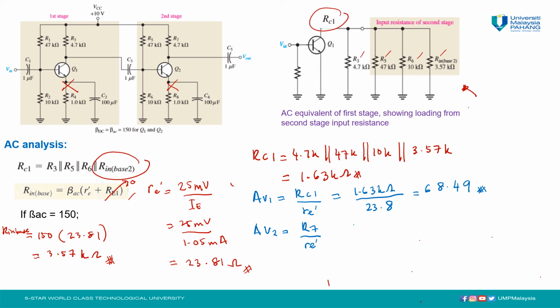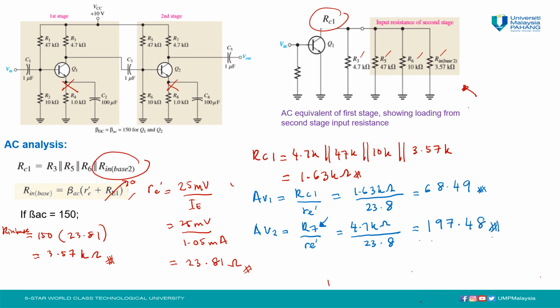Why R7? Because there is no load resistor at the second stage, so we just use R7. So 4.7K over 23.8. Finally AV2 is equal to 197.48.